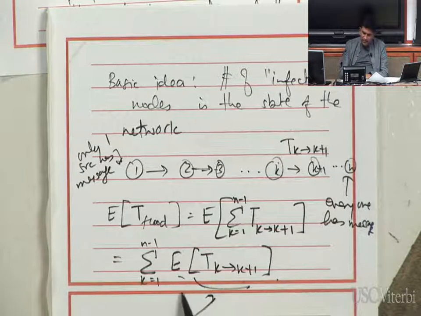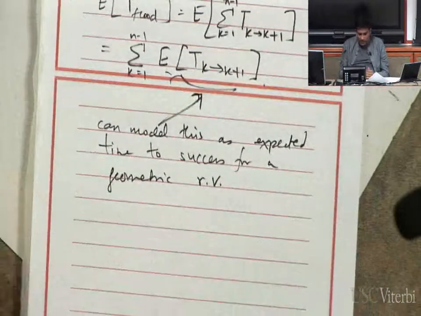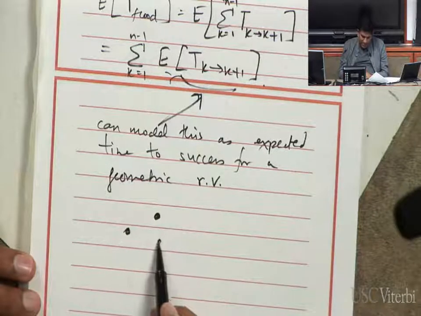And so how to model this expected value is the question, and I concluded the last lecture by saying that we can model this as the expected time to success for a geometric random variable. And what does that variable look like? So let's imagine what's happening at this time.